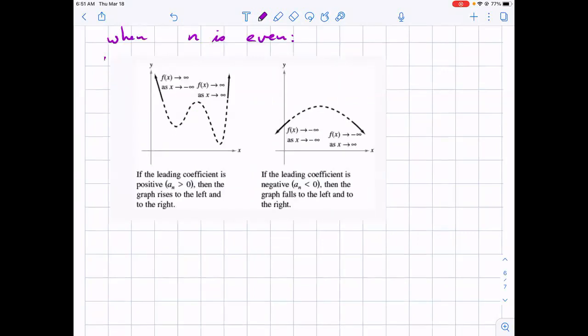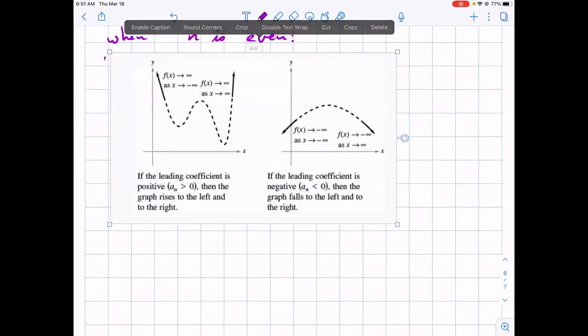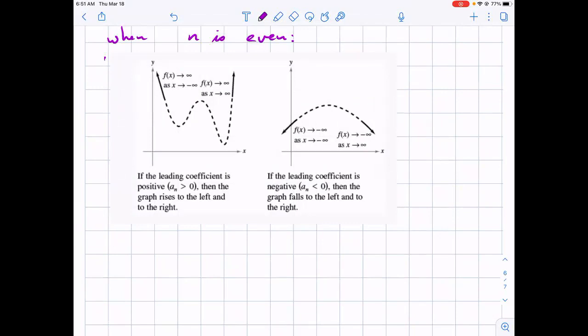Here again we have two pictures. Notice that when n is even and the leading coefficient is positive, the graph rises to the left and to the right.